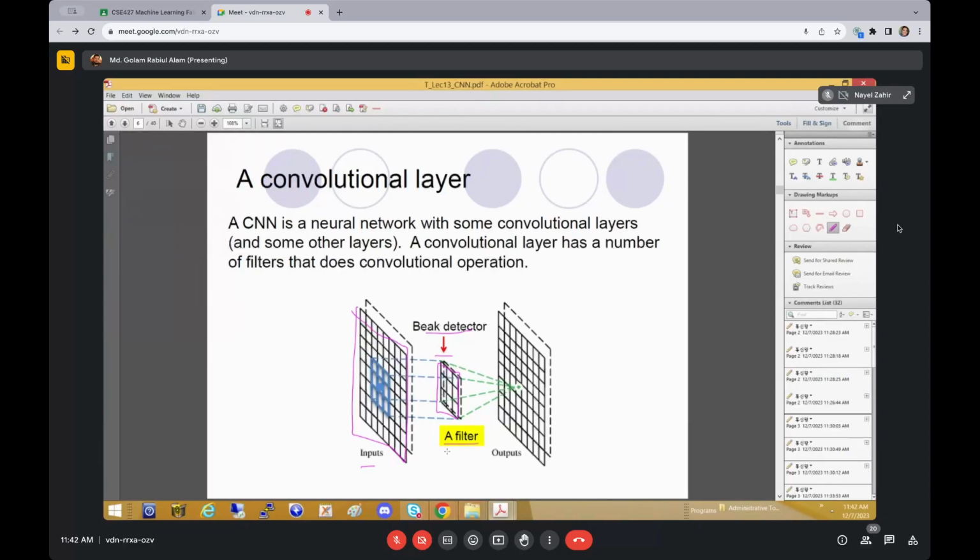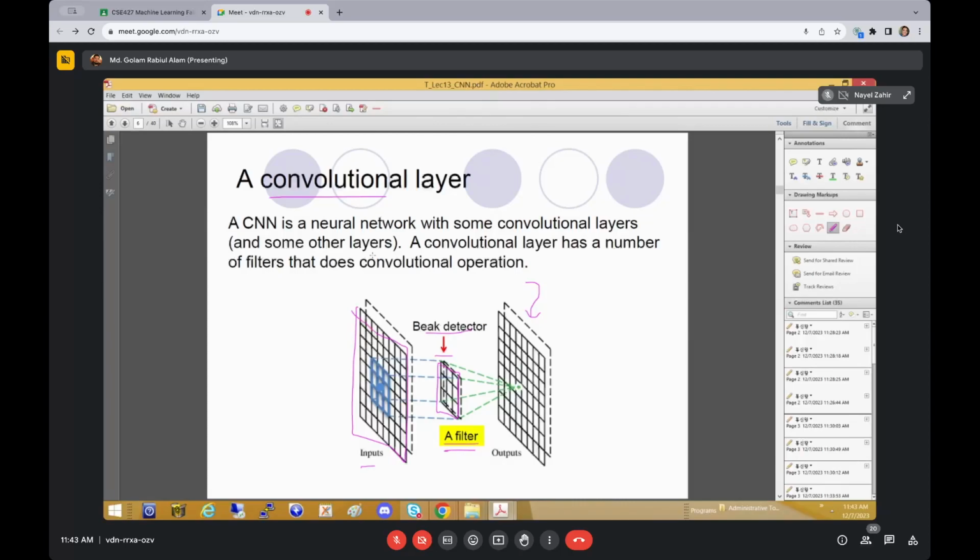So here is the filter, and for finding our important information, or important features, we have to apply some form of convolution operation.